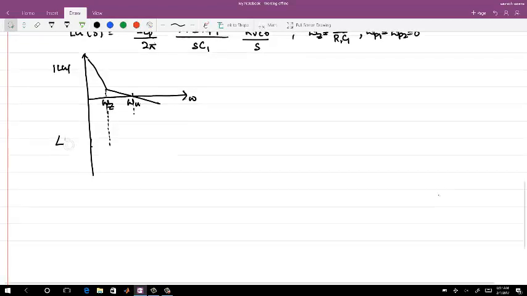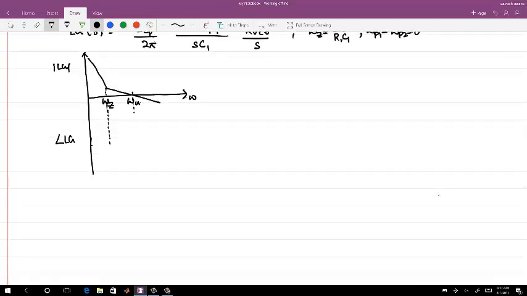So the angle of the loop gain starts at minus 180 degrees, and this point will be minus 135 degrees.